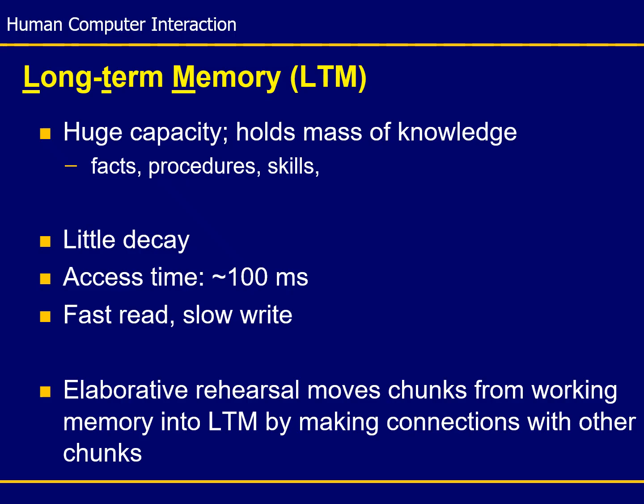Another property of long-term memory is that it has an approximately 100 milliseconds access time. In order to remember something from your long-term memory, you need about that much time. It also has this very interesting property that it is fast to read from and slow to write. Why? Because we think that the long-term memory connections are actually quite strong. And because they are quite strong, it's hard to establish them.